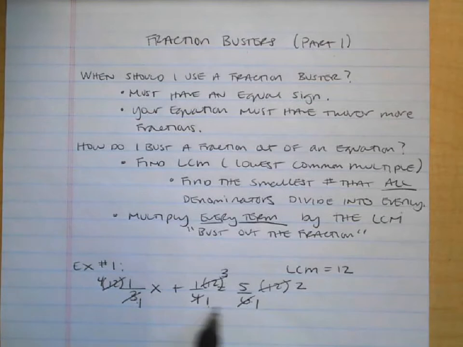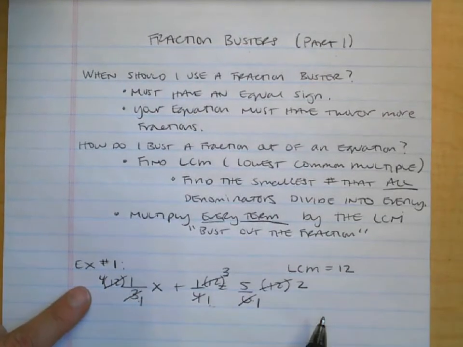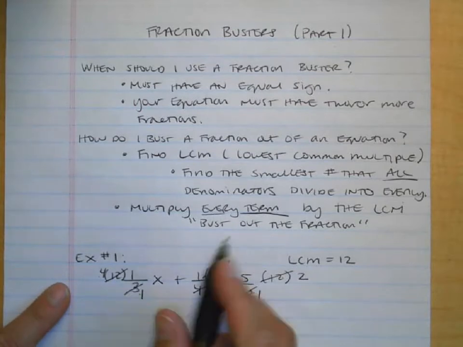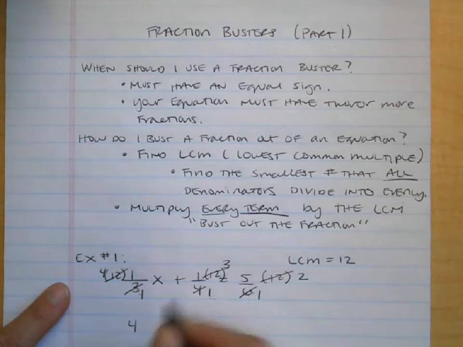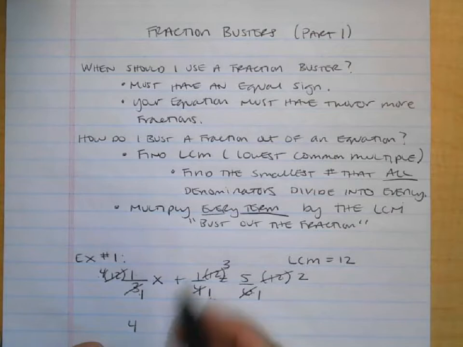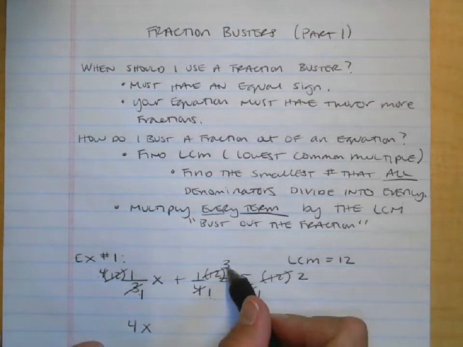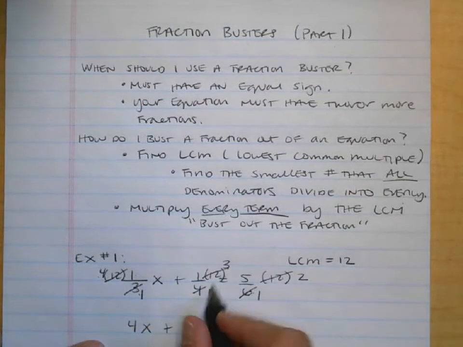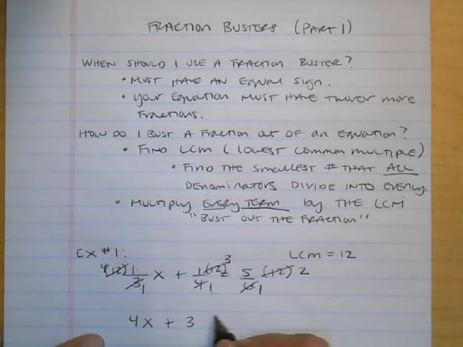So great, we have all of our denominators as 1, and then we get to now just multiply our numerators. So this 4 times 1 is 4, and then divided by 1 is just going to be 4 anyway, so we get to just bring our x with it. Then we have 3 times 1, we're going to add that 3, just bring down your plus sign, and then divided by 1 would still be 3.